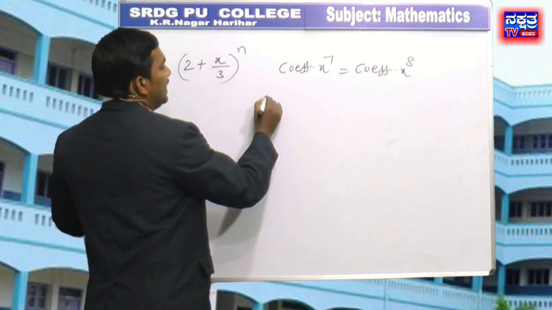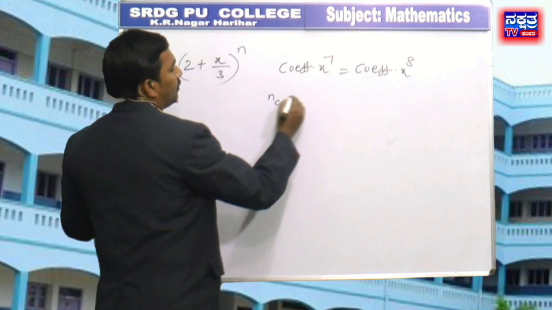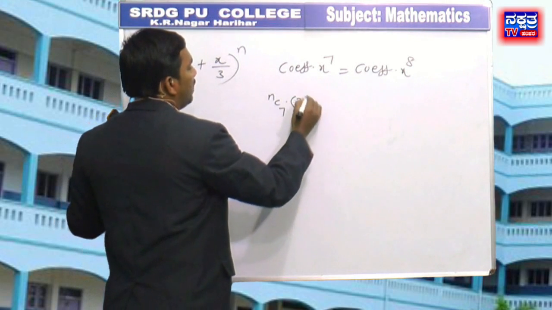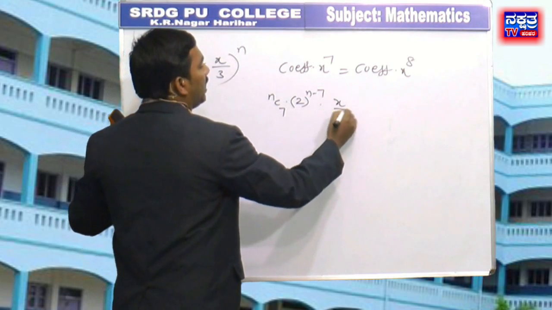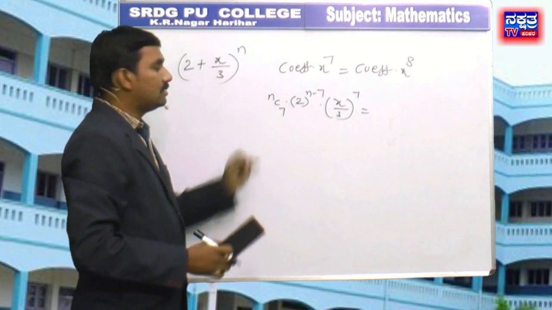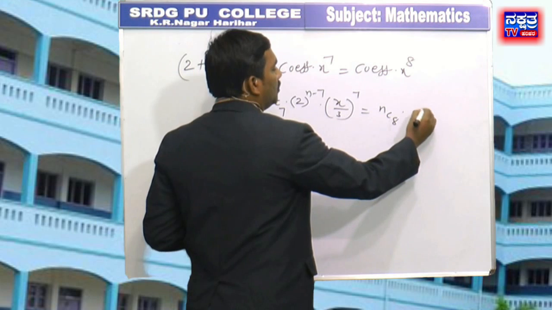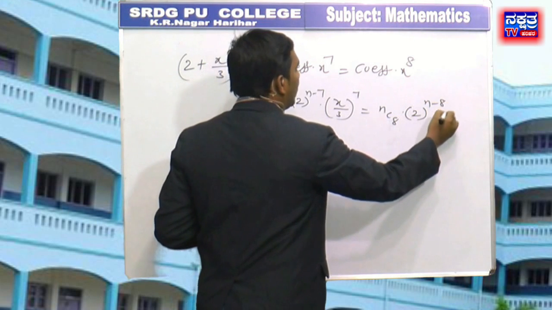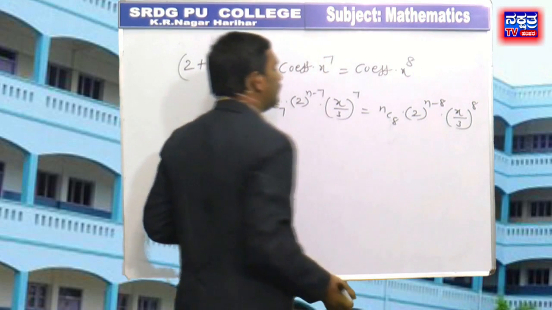It will become nC7 into 2 power n minus 7 into (x by 3) whole power 7. So what is the r here? 7. Like that, nC8 into 2 power n minus 8 into (x by 3) whole power 8.